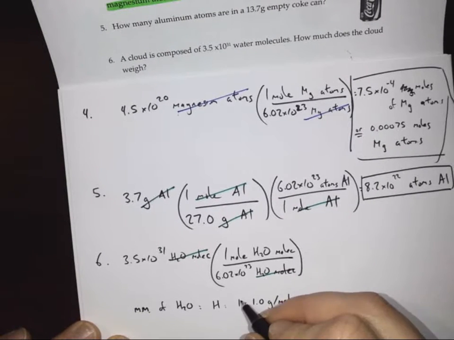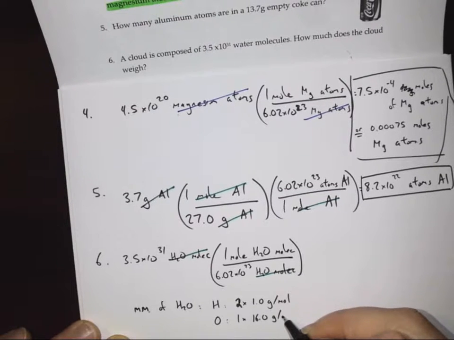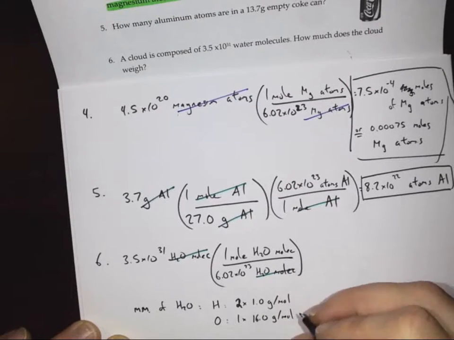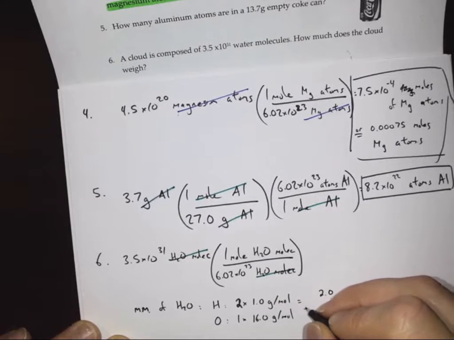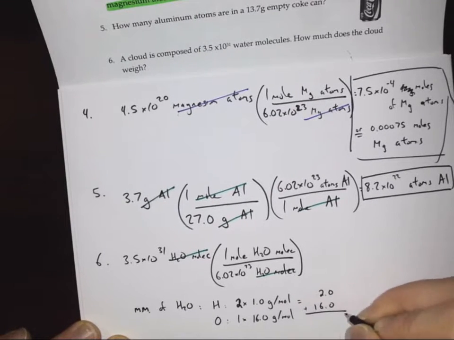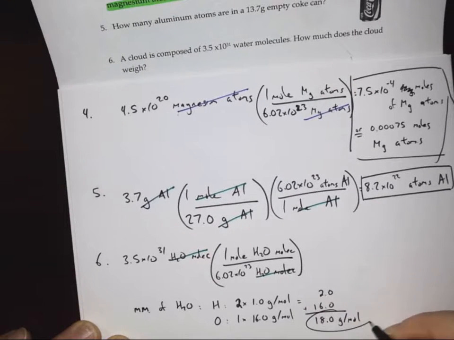Oh, no, sorry, I've got 2 hydrogens in water. And I've got 1 oxygen, so it's 1 times 16.0 grams per mole. So overall, it's going to give us 2.0 plus 16.0, and that'll give me 18.0 grams per mole when I'm done.